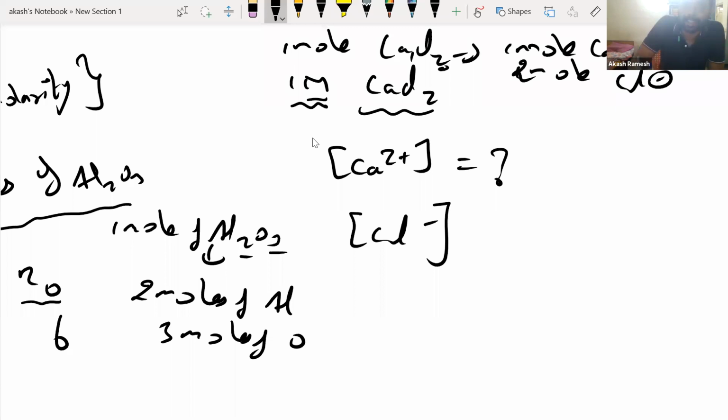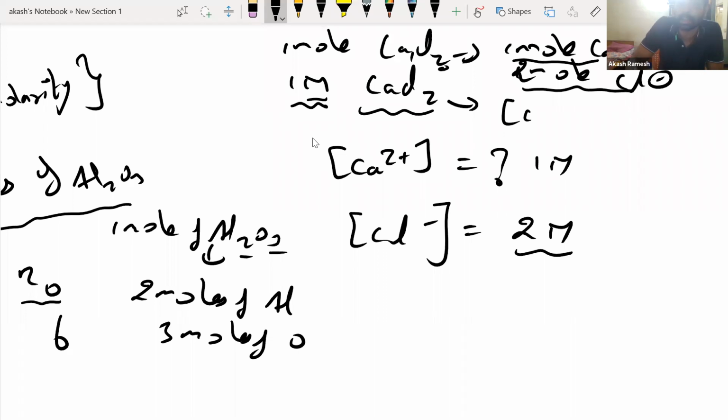There is only 1 calcium and the chlorine count is 2. Now exactly the same thing I can say here. The concentration of Ca2 plus would be 1m and the concentration of Cl minus would be 2m. As simple as that, because number of moles and molarity are directly proportional. No problems at all.